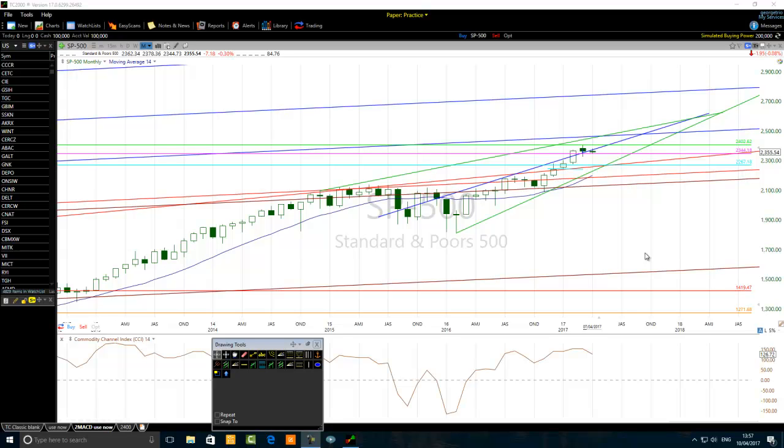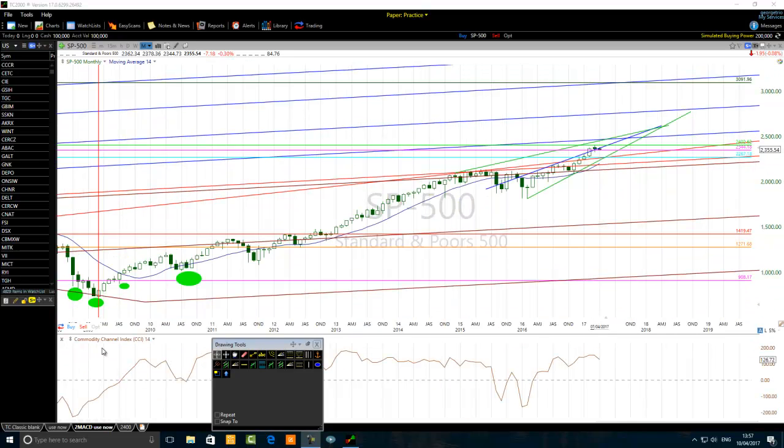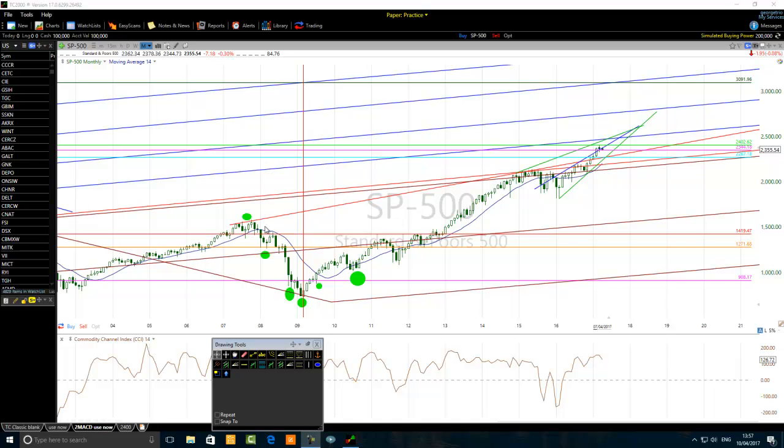I've also said to traders that if the market is turning from bearish to bullish, that's the best time to buy and hold in the stock market. As you can see, in 2009 the S&P 500 was turning from bearish to bullish.